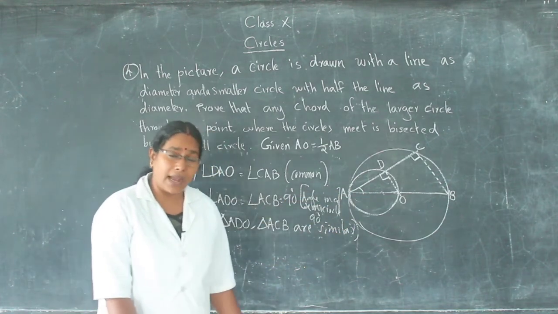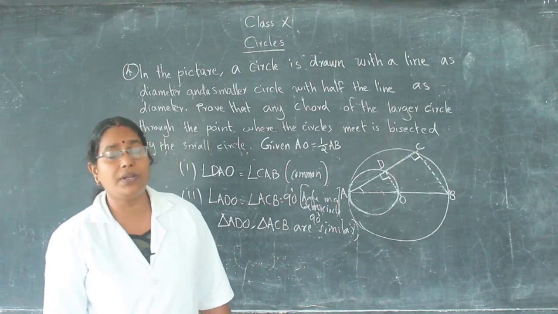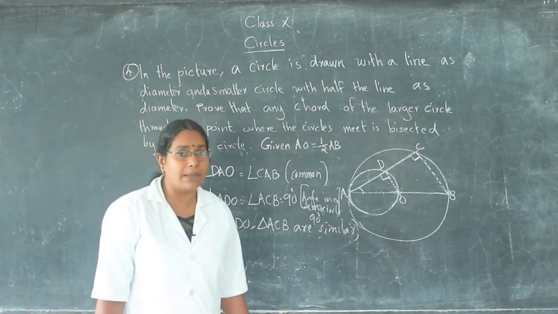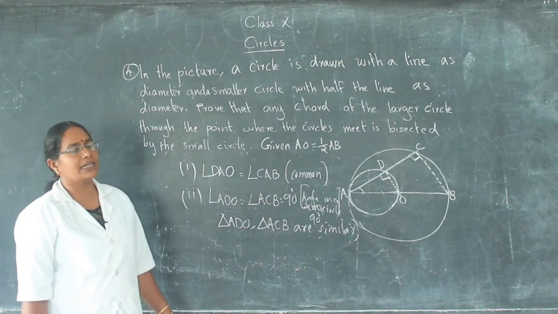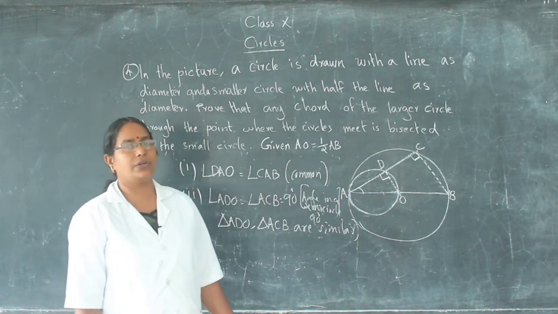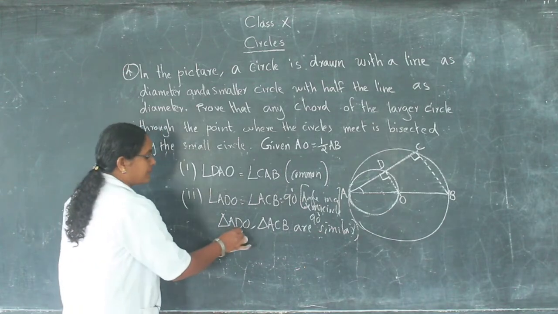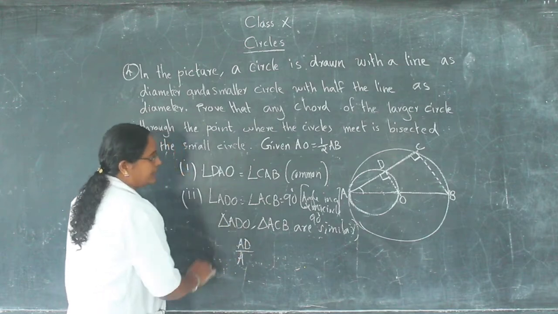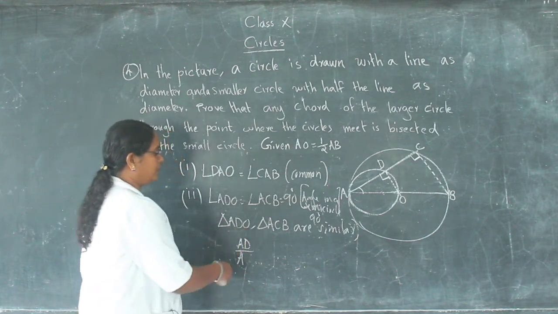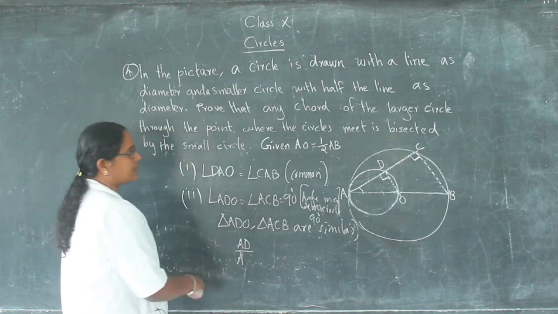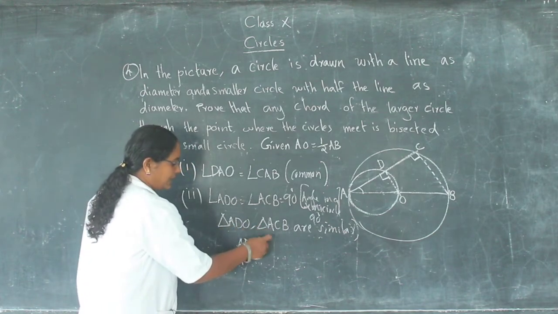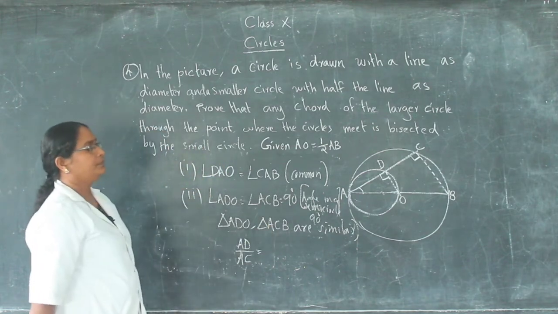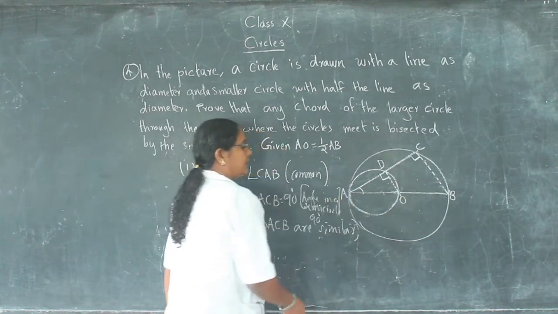Therefore, since the two triangles are similar, corresponding sides are in the same ratio. What are the corresponding sides?